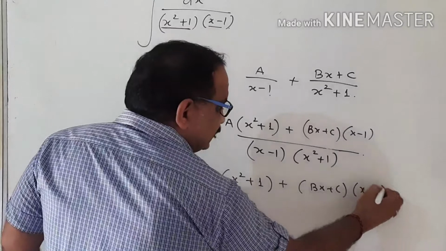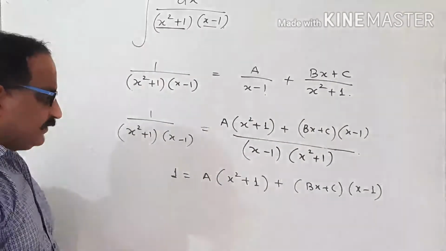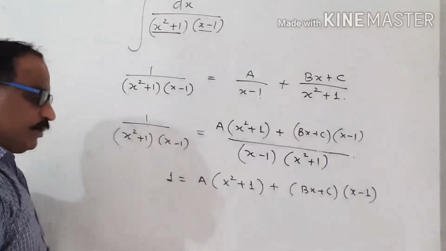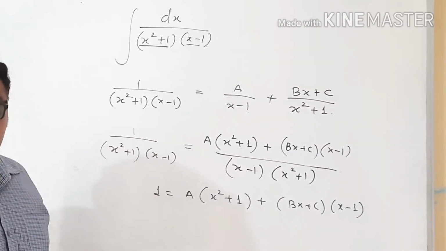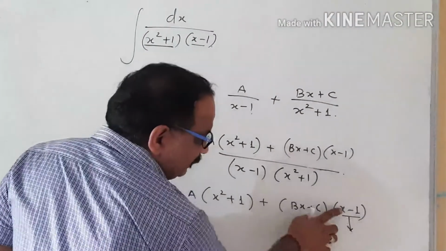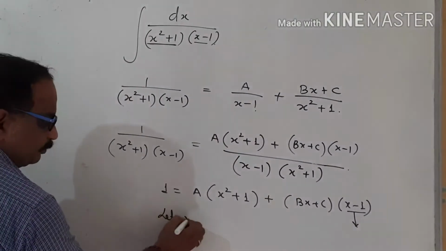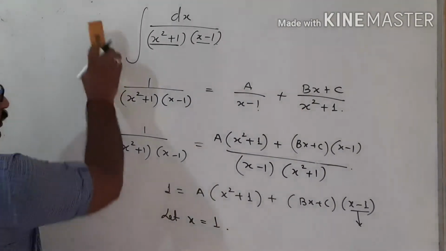So this is the identity. Now our job is to find out the values, and now we have three variables a, b and c, and we have to substitute three values at least for that. One value we can find out by using this. If we are placing x equals 1, the term becomes 0. So first of all, we should place x equal to 1.